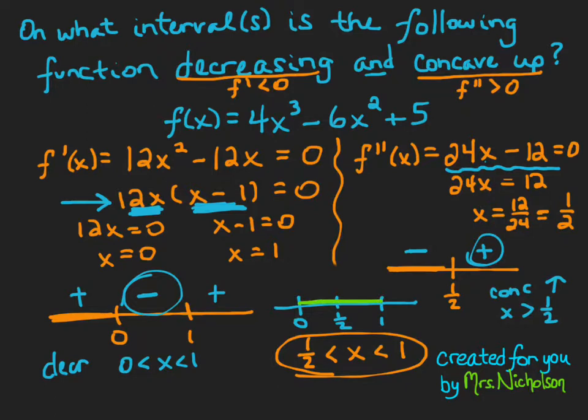So that would be this interval right here, 0 to 1. I also found out that my function is concave up for all x's that are greater than 1/2. So that's all of this interval right here and on going to positive infinity. The place where those two things overlap is right here from 1/2 to 1, for x between 1/2 and 1. And so that interval would answer our question.